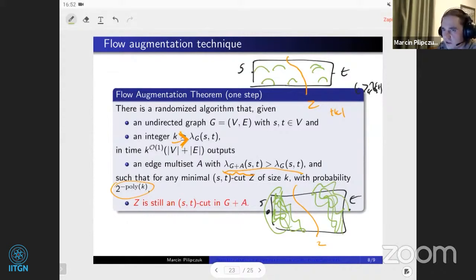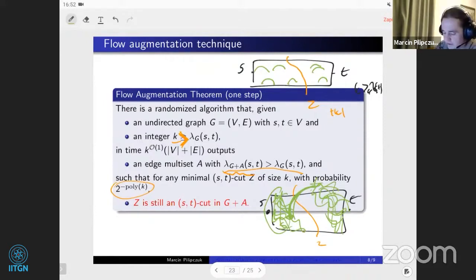And now the challenge is to make a random choice to add much fewer green edges, so that for any unknown orange cut, the probability that you won't break it is good, and break means really adding an edge over it. So you cannot add an edge from the vertex reachable from S to the vertex reachable from T in the graph. Okay. The degree of S will not matter actually.